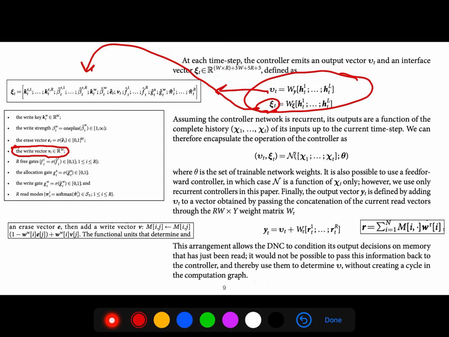Some of them are for the write key, some are write strength, this is key, read strength, write strength, gate access, and many other things that are written here.